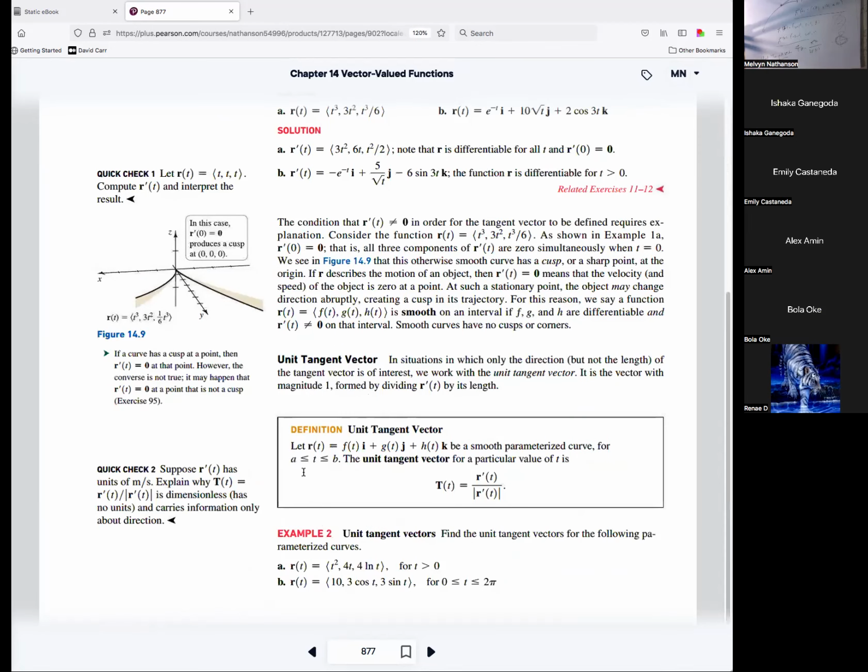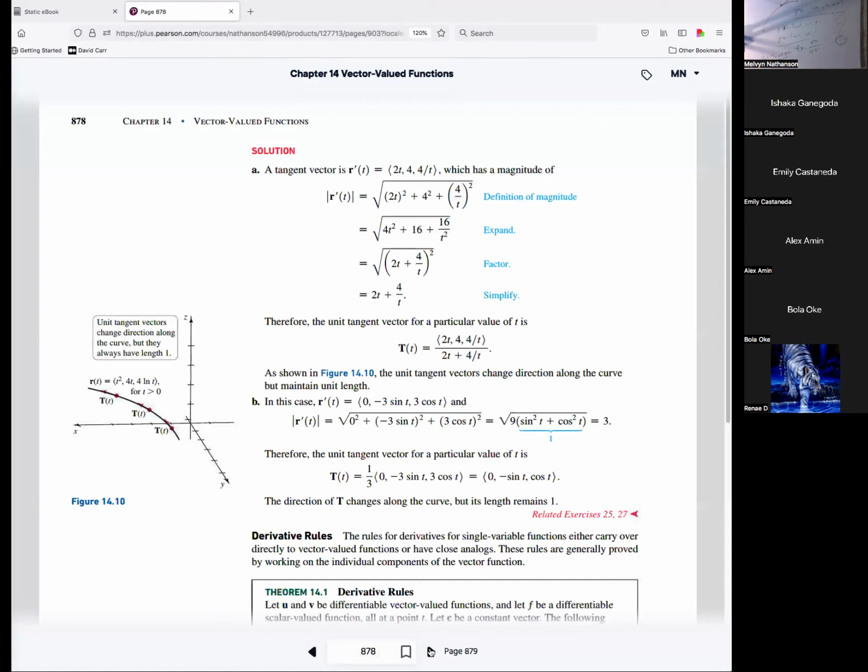Sometimes, if you really are interested in the direction, the magnitude or the length of the tangent vector doesn't matter. So you can divide by the length, and you get what is called the unit tangent vector, which is a vector of length 1 pointing in the direction of motion. So that's pretty simple, really. It's just a definition you have to remember.